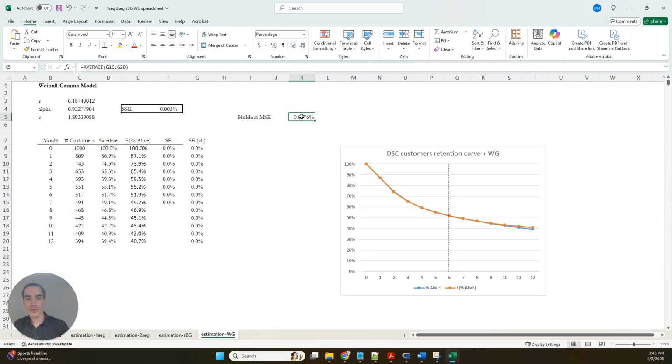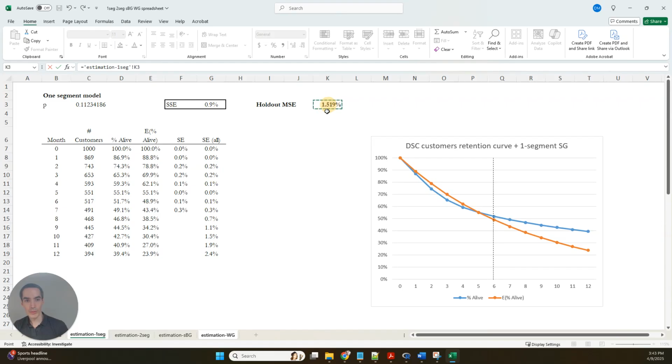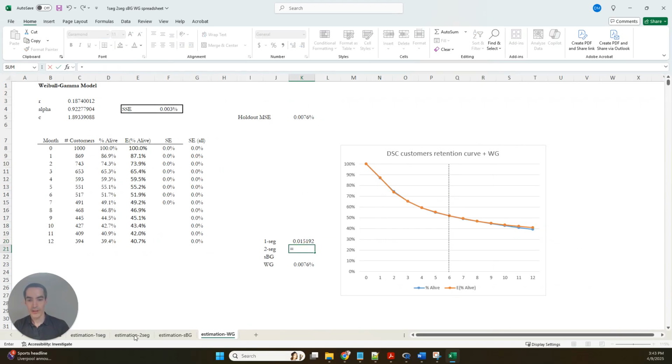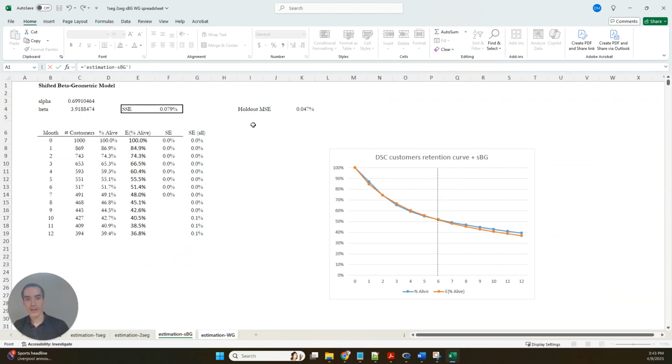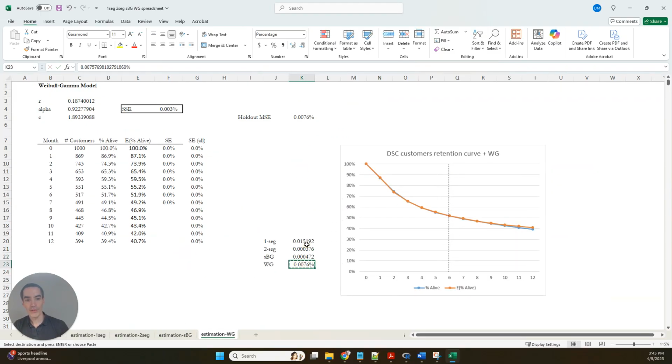So if we just wanted to get all of these errors in a little table, we can put that SBG, 2-segment. So the 1 segment is 1.519, 2-segment is 0.038, SBG is 0.047.